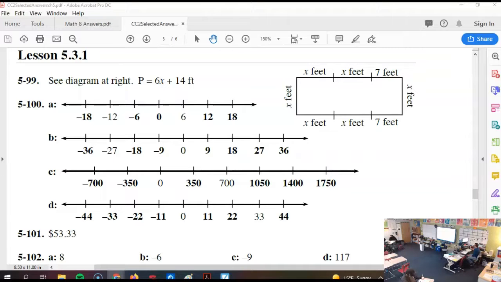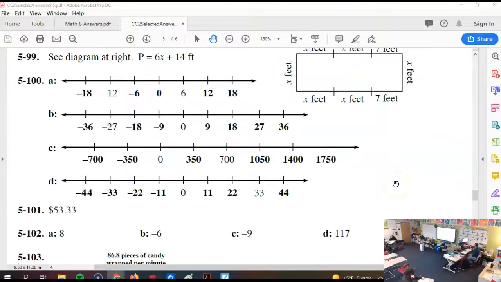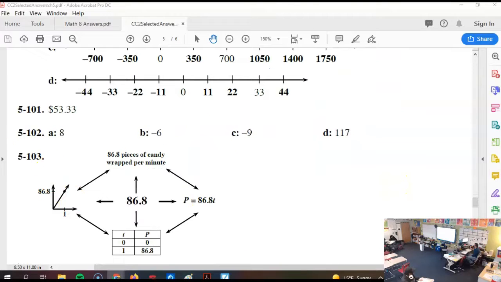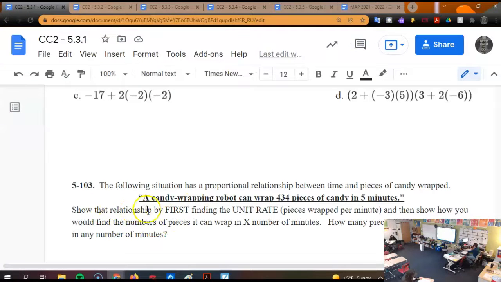Take fragments of time. Some of you guys have started doing it in the morning or in random bits of time. Now 103 is going to look different because I rewrote the problem to try to make your life a tiny bit easier. What I said for 103 was show that relationship by first finding the unit rate, and then show how you would find the number of pieces that can wrap in X number of minutes.